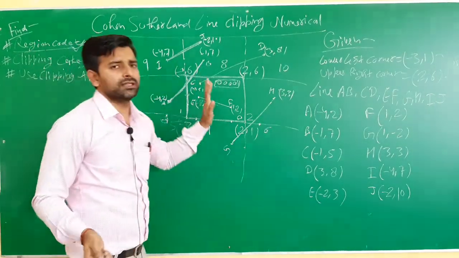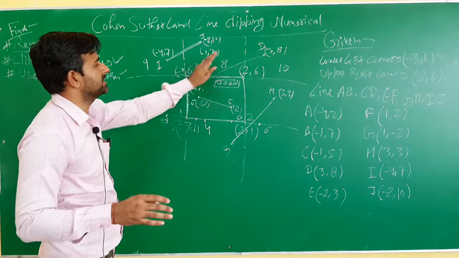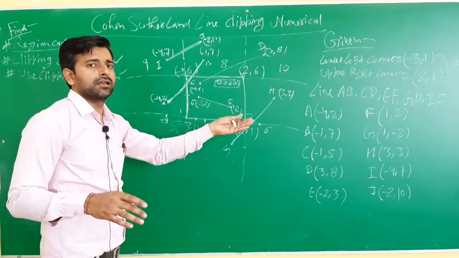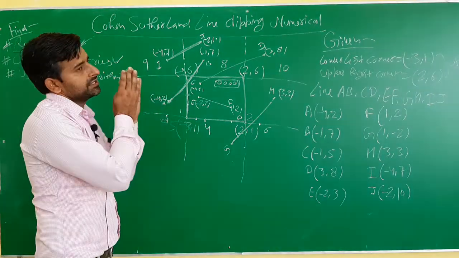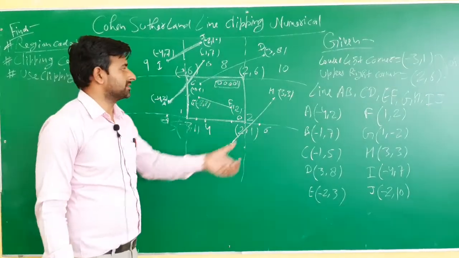Clear? These are the decimal numbers. When we convert these decimal numbers into binary, we will get the region codes of all the regions.